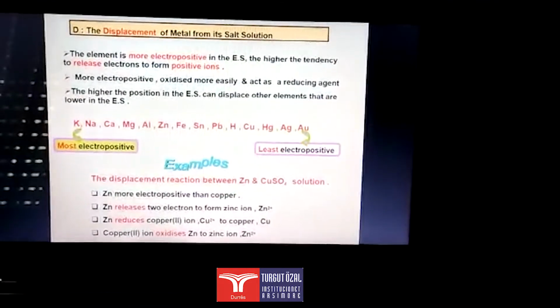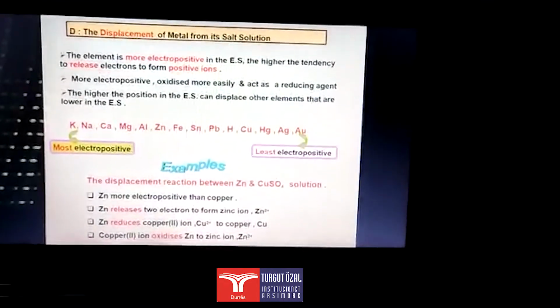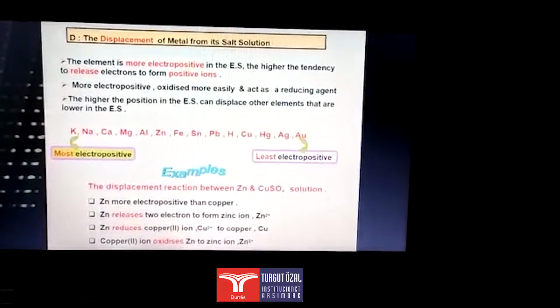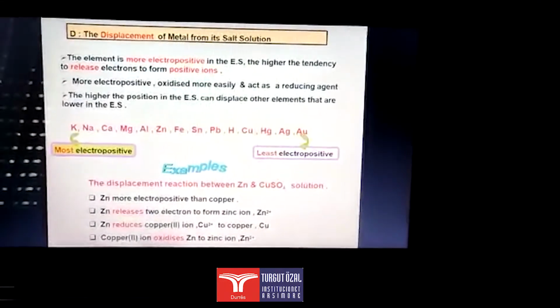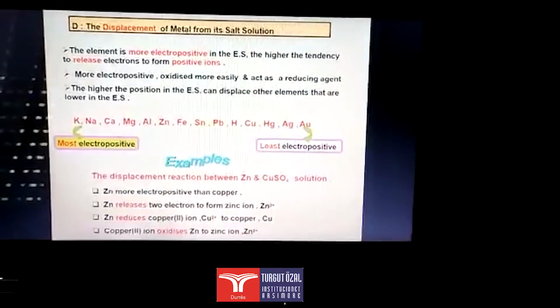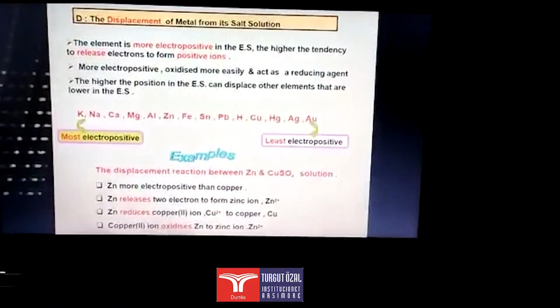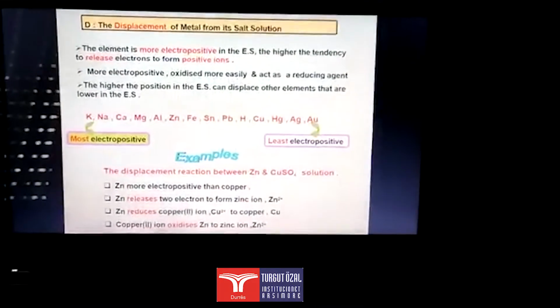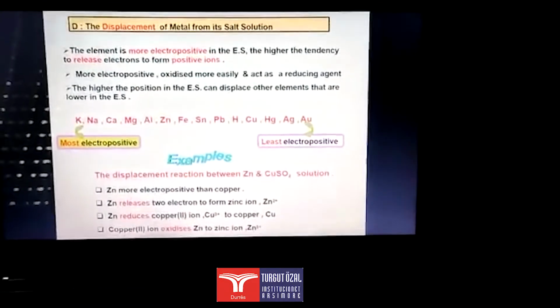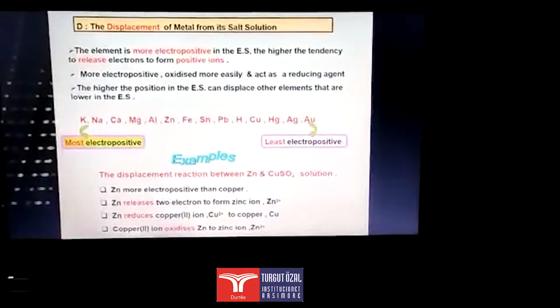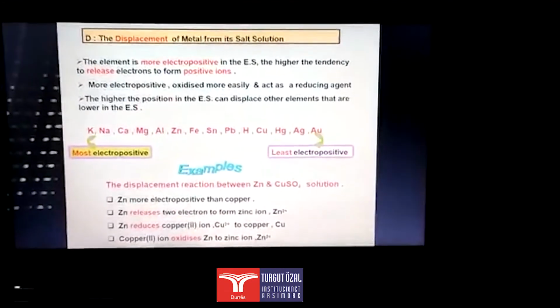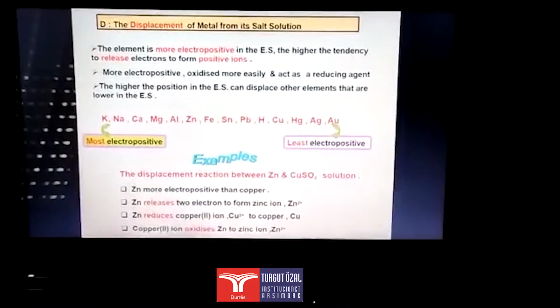The higher the position in the table, the more it can displace the elements that are lower in the table. For example, the most electropositive is potassium, the least electropositive is gold. Remember, you have to remember the reactivity series.